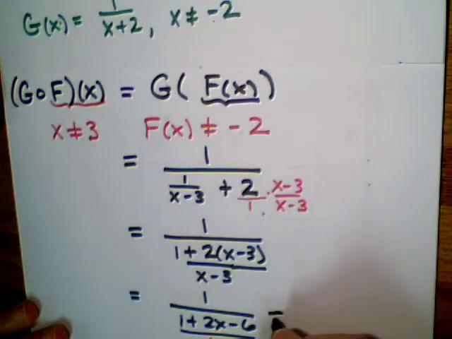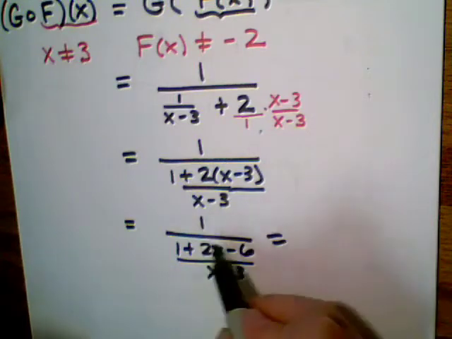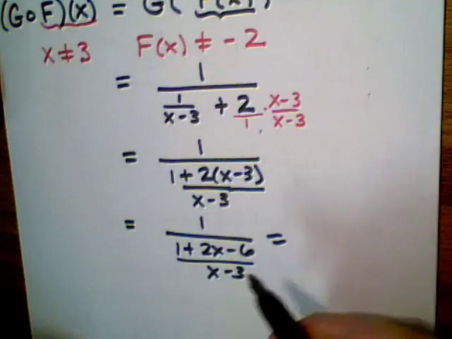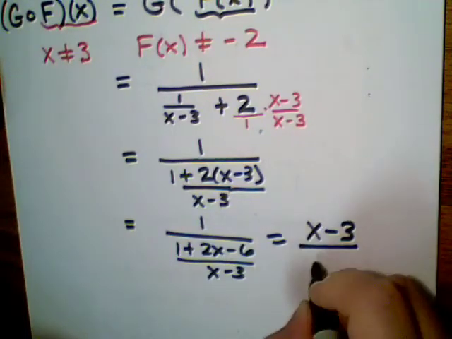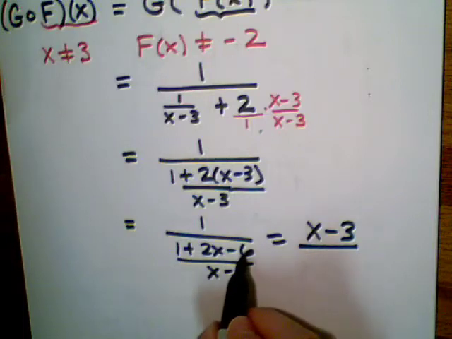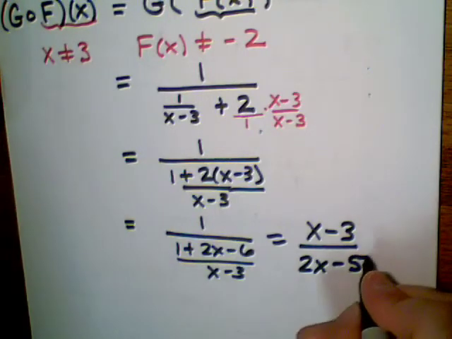And as we saw last time, 1 divided by this fraction is the same thing as 1 times its reciprocal. And I didn't simplify this to begin with, but it looks like 1 minus 6 would be negative 5.